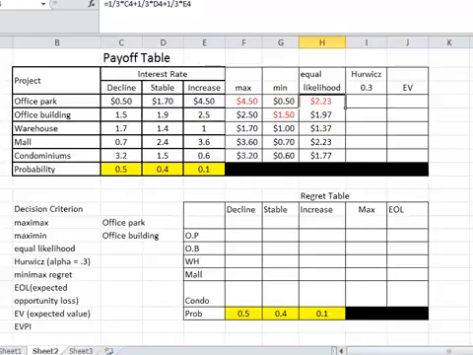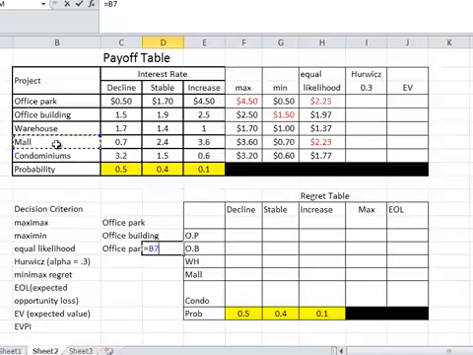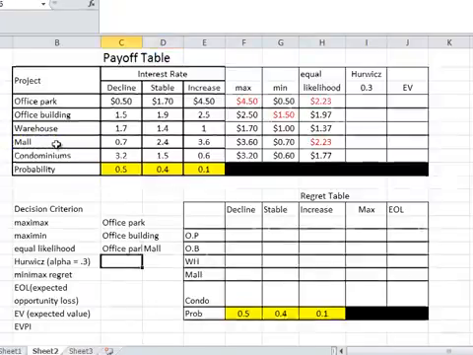That turns out to be the highest payout we can get under equal likelihood. The best investments based on equal likelihood has 2 choices in this case. One of them is Office Park. The other is Mall Project.